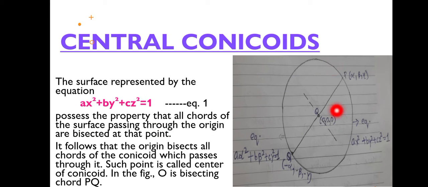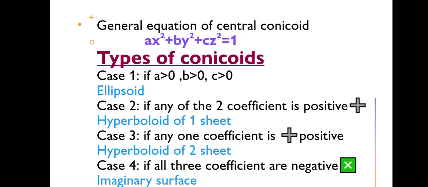That means all chords passing through the origin are bisected by the origin. It follows that the origin bisects all chords of the conicoid which pass through it. Such a point is called the center of the conicoid. In the figure, O is bisecting chord PQ, as O is the center of the conicoid.